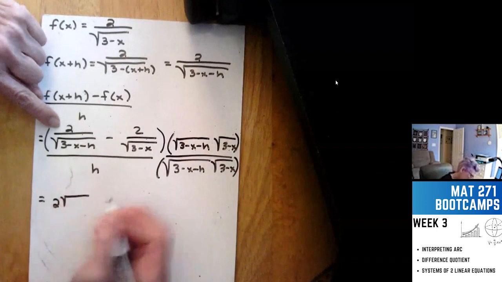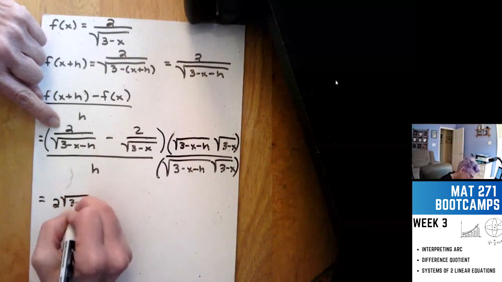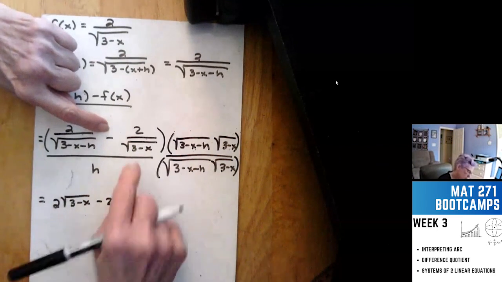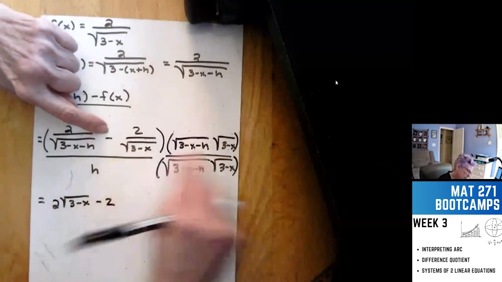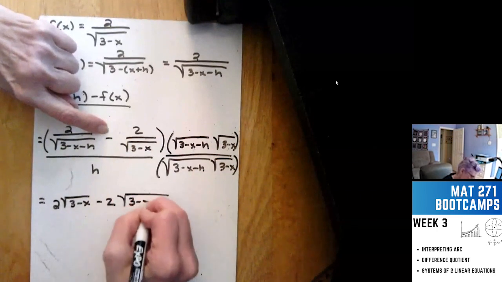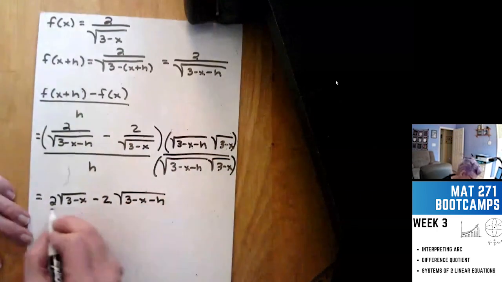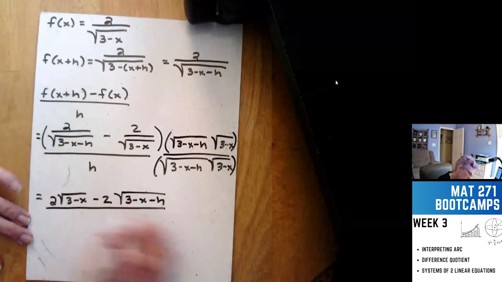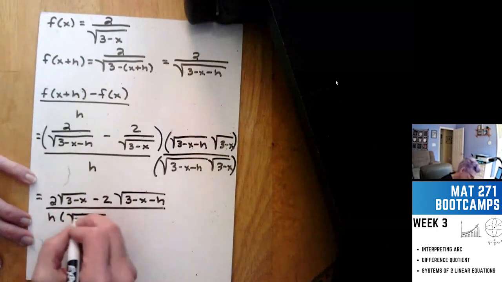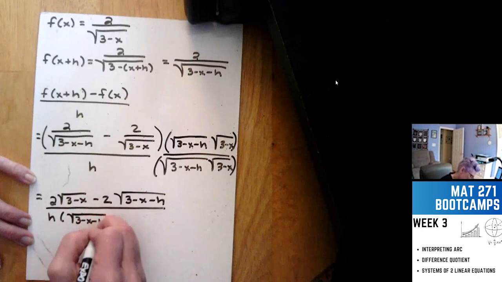I have 2 times the square root of 3 minus x minus 2. Now this one cancels with that one. So I have 3 minus x minus h. All of that is living on top of this times the least common denominator.